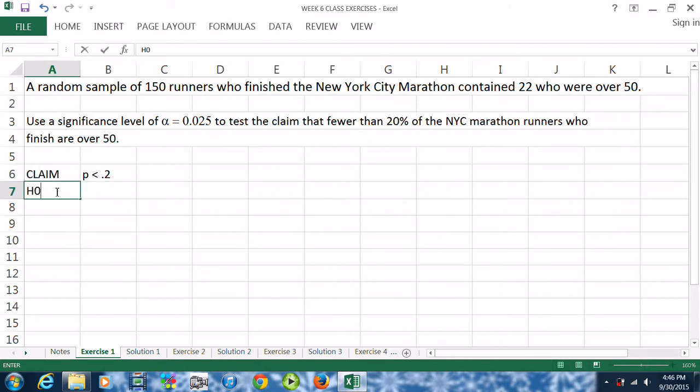Our H naught would be a claim of equality, so it would be that p equals 0.2. A claim of less than 0.2 leads to a null hypothesis of p equals 0.2. The null hypothesis is always equality, whereas the claim is preferably a directional inequality.